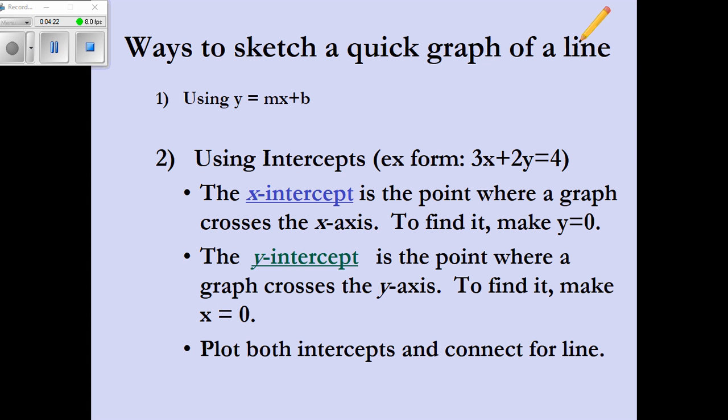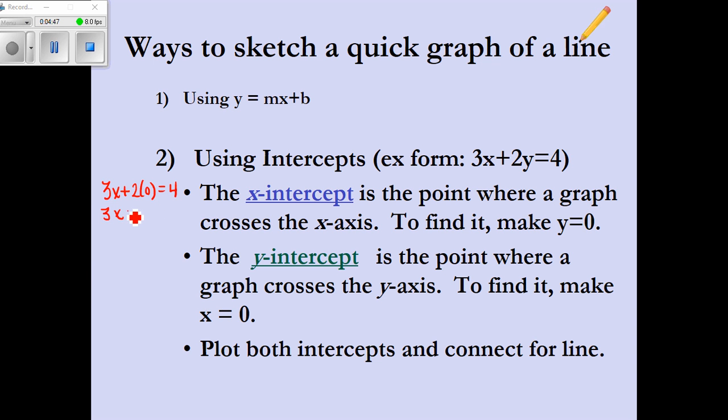But using intercepts, we would find the x-intercept of the equation, which is the point where the graph crosses the x-axis. And to find that, you would make y 0. So let's do that over here. Let's make y 0. Okay, and you would solve for x.